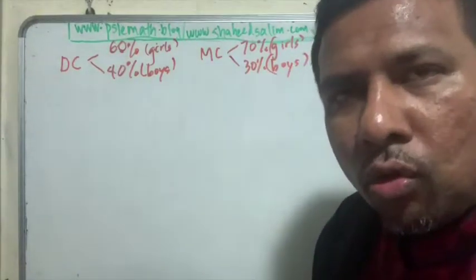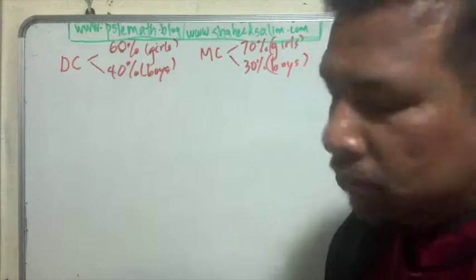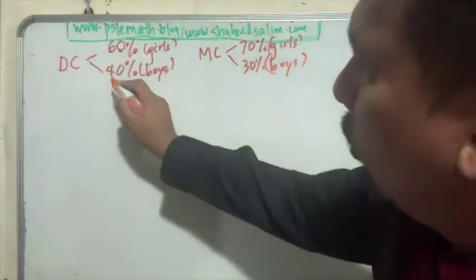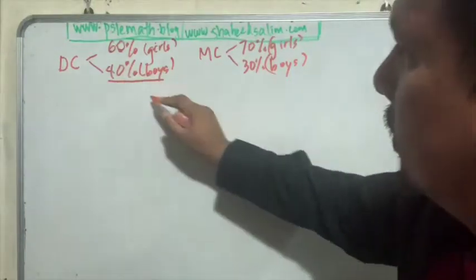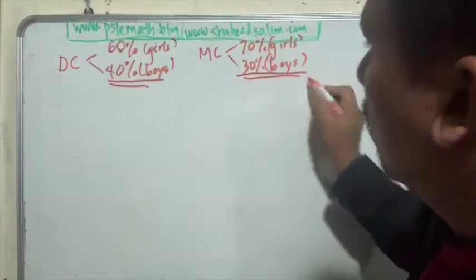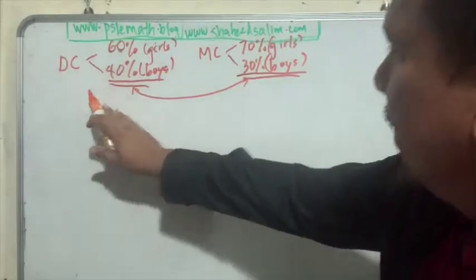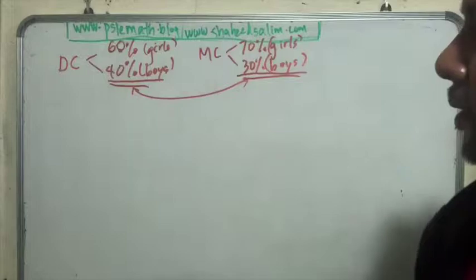We need to draw a model. We are told that the number of boys in both clubs is the same. So this 40% is equal to this 30%.